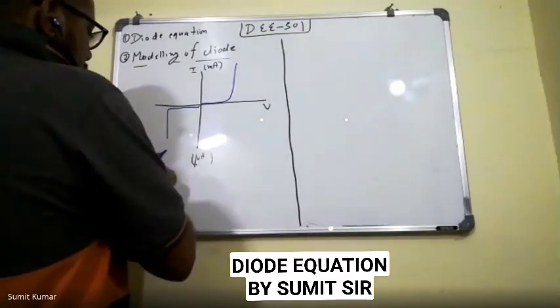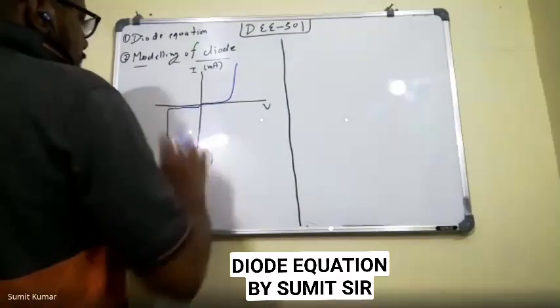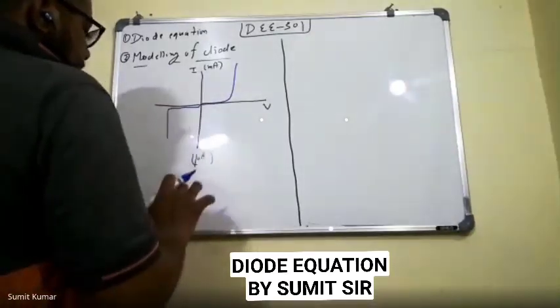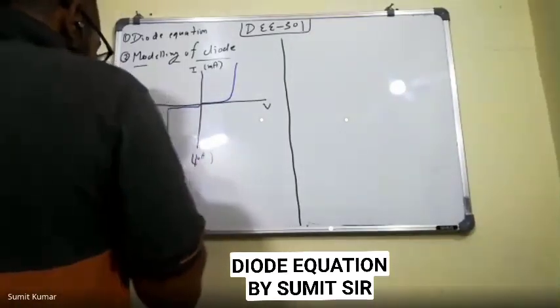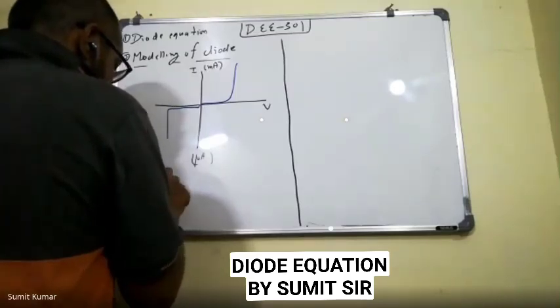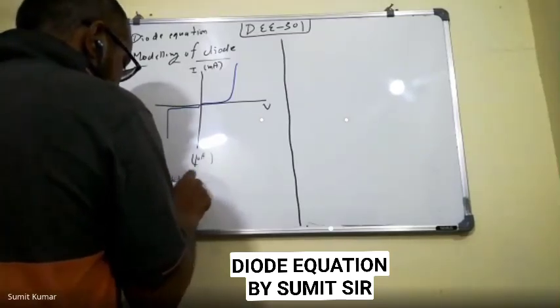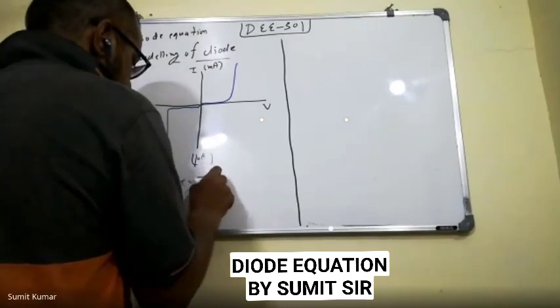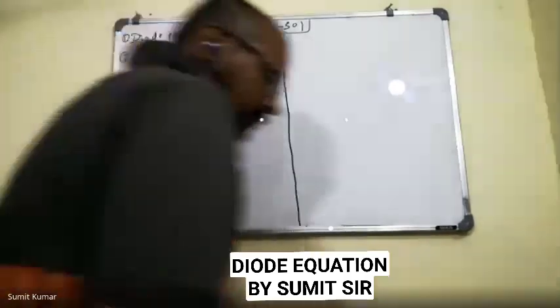Okay, so this characteristics of the diode is governed by the equation which is called the Shockley equation. So what is the Shockley equation?